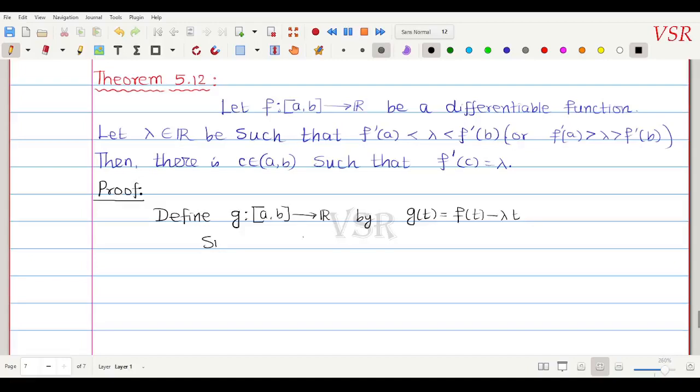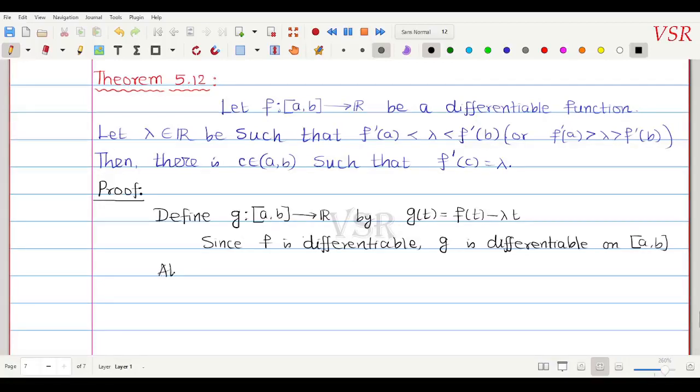Since f is differentiable, we have g differentiable on the closed interval [a, b].